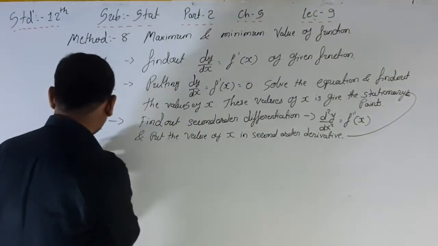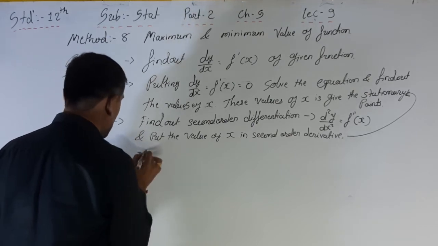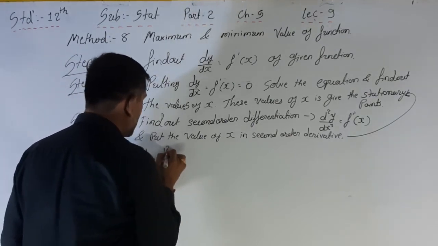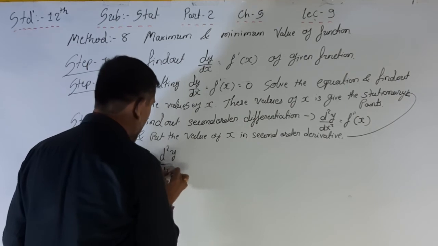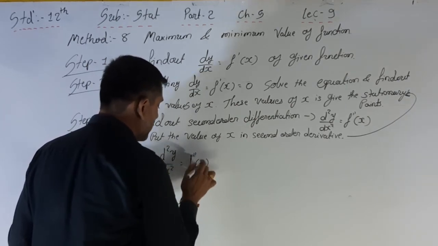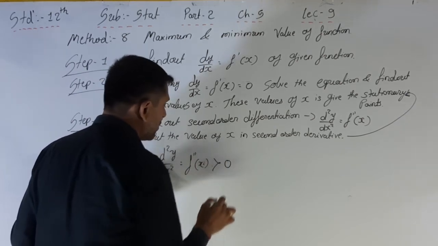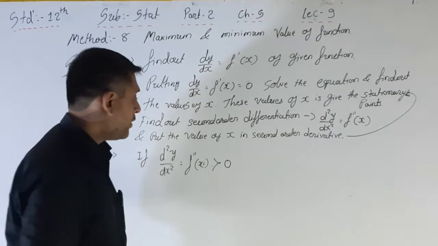Okay, and the step number 4, if d square y by dx square, or f double dash x, is greater than 0, right?